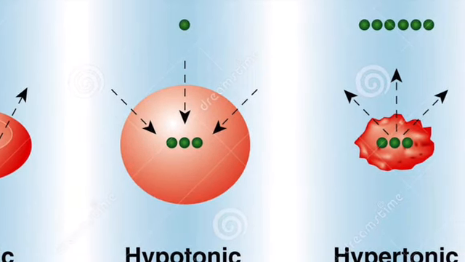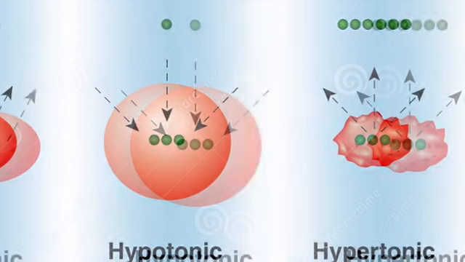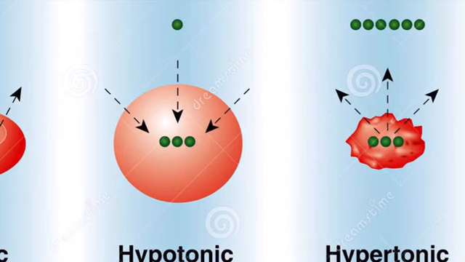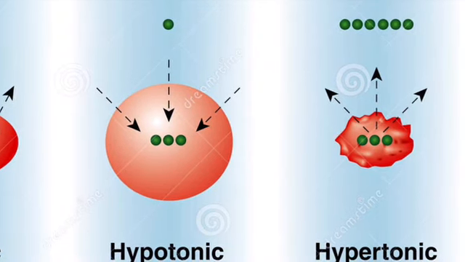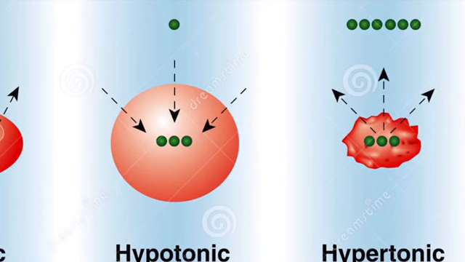So when you think about isotonic, you need to think that the cell has actually achieved homeostasis, or an equilibrium, or balance. So to wrap it up, there are three conditions for a cell: hypotonic, hypertonic, and isotonic.